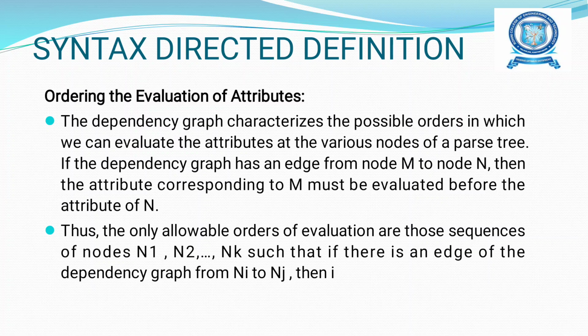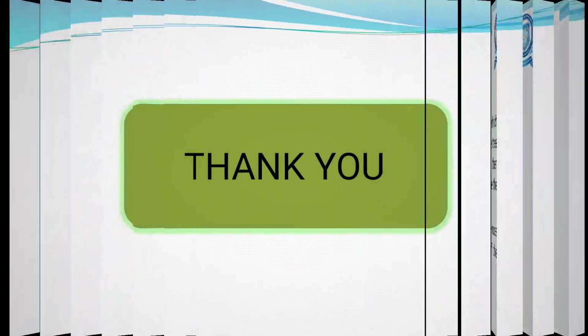If the dependency graph has an edge from the node M to N, then the attribute corresponding to M must be evaluated before the attribute of N. That's all.